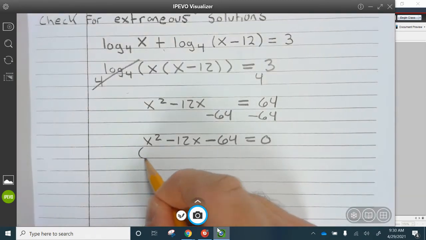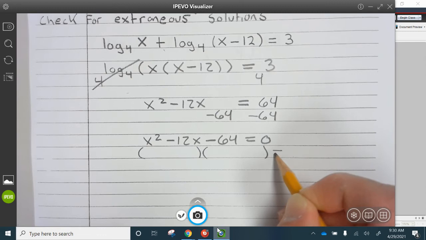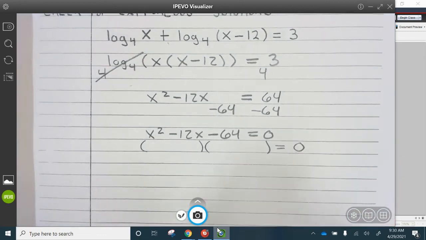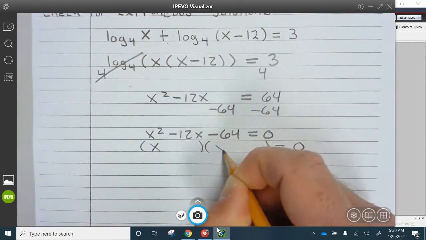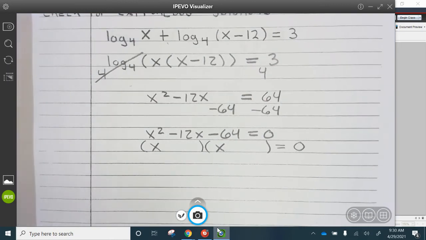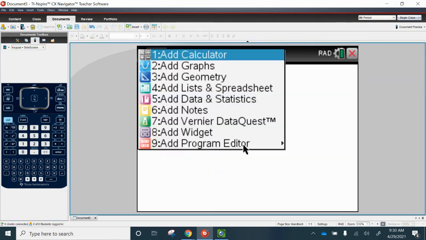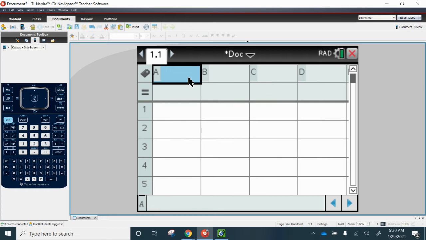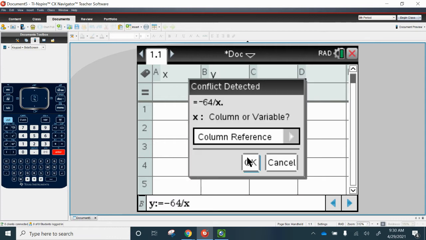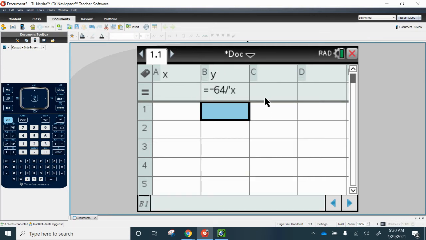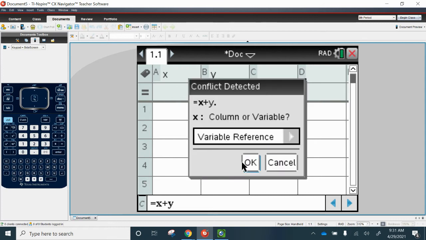All right, we're going to factor, two parentheses equals 0. We know x and x makes x squared. Now we need to find the numbers that multiply to give you negative 64 and combine to be negative 12. So we're going to use the calculator. On new document, add lists and spreadsheets. We're going to call this x, call this y. We're going to do negative 64 divided by x, as a variable reference. Press OK, and we want to do x plus y. Press enter, and we're going to do variable reference for both.